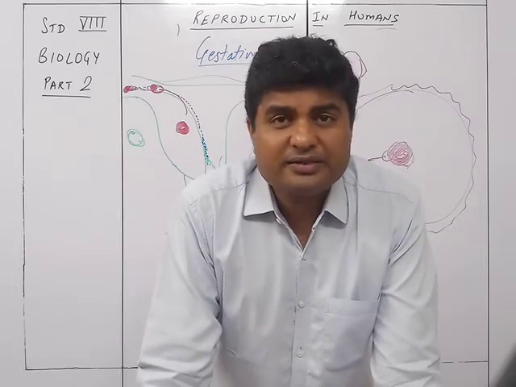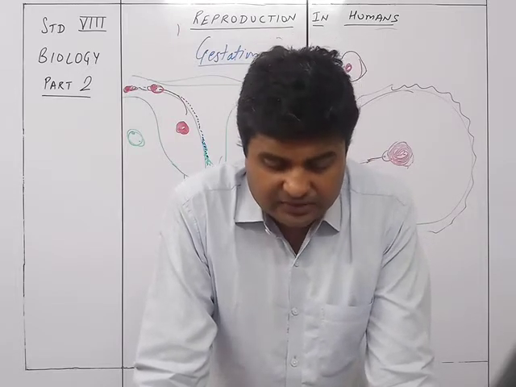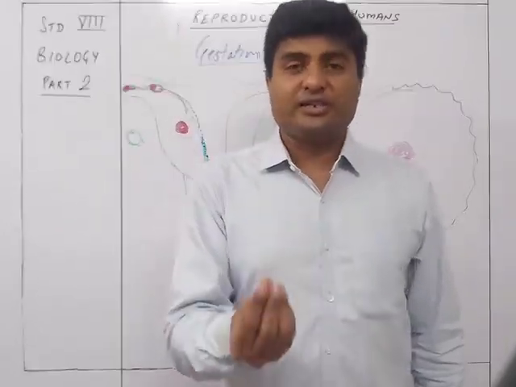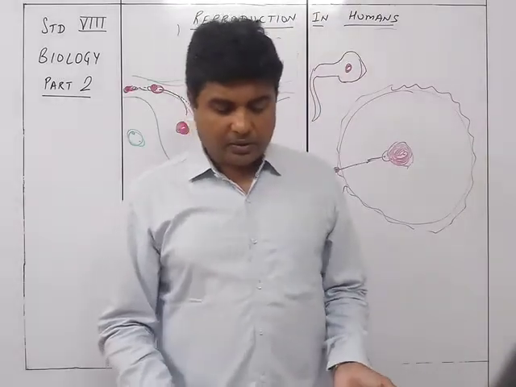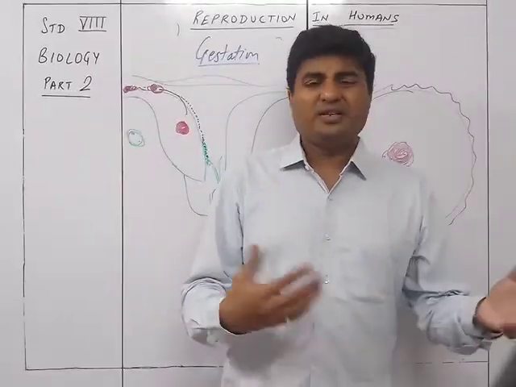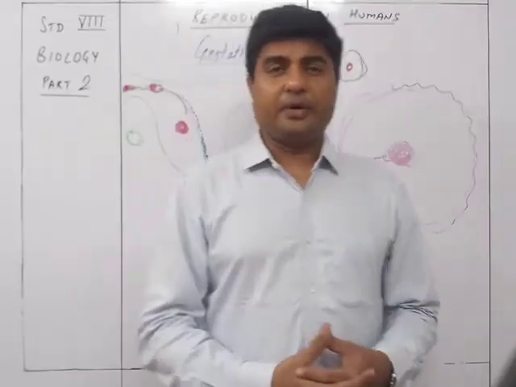So this is the most important part of the chapter, that is if they are talking about the male part, then prostate gland क्या करता है, तो वो alkaline secretion देता है, or what is the work of the ovary to give out the egg. So this way you should know the function of that particular part.